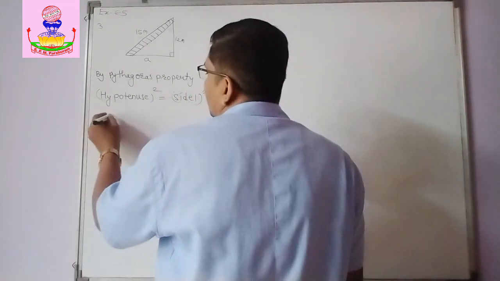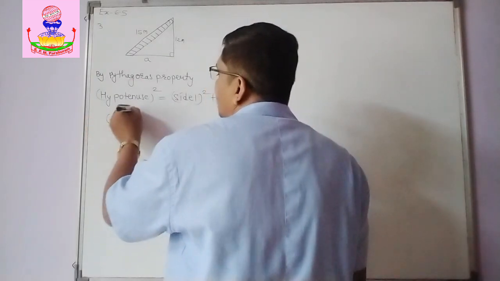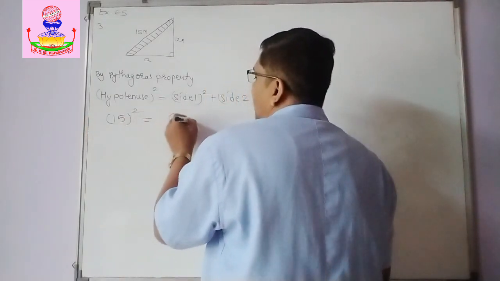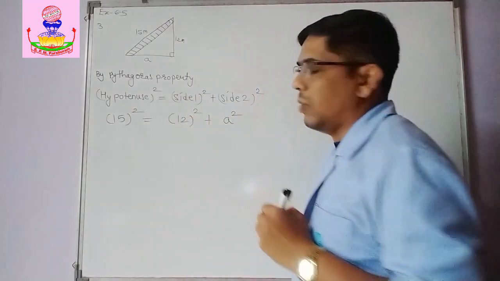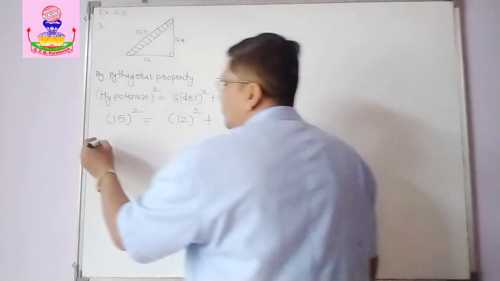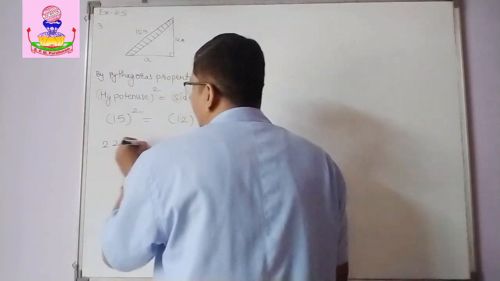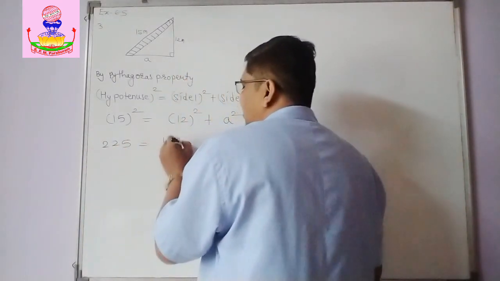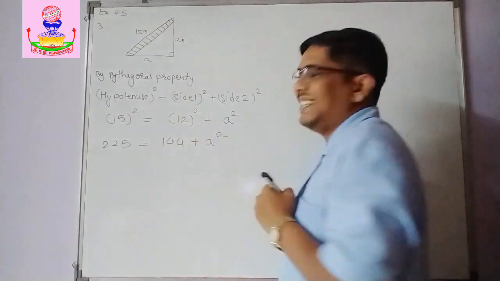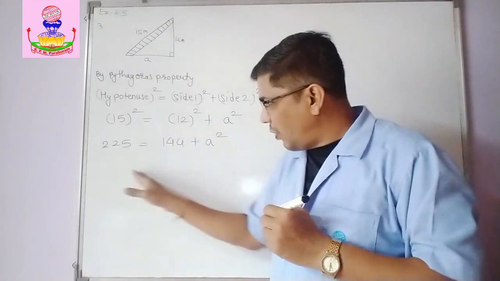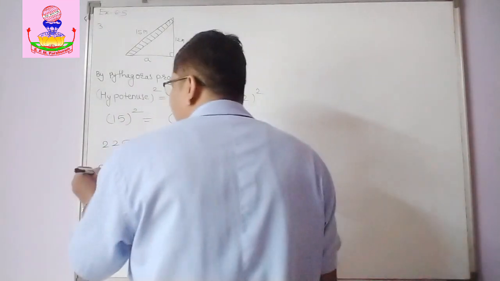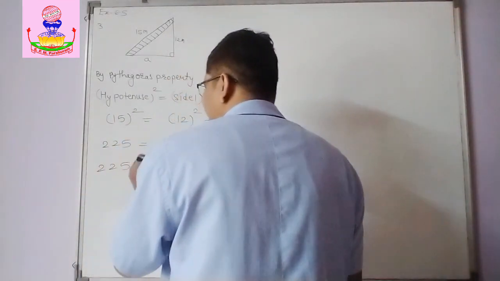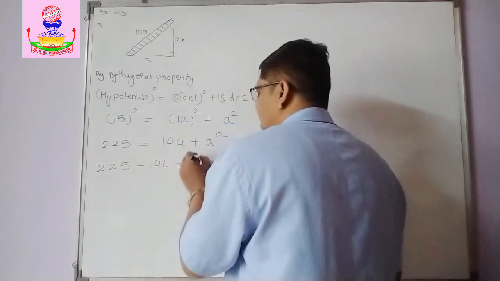The hypotenuse is the ladder, so 15 square, equals side 1, suppose 12, so 12 square, plus side 2, that is A square. Now 15 square is 225, 12 square is 144, plus A square. Now bring this 144 to this side, that is transposing to LHS, so it will become minus. That is equal to A square.